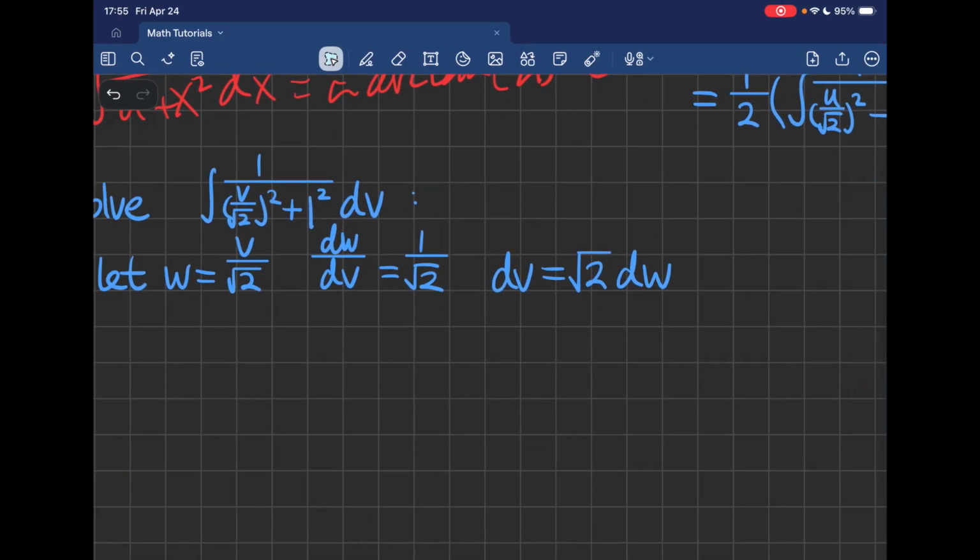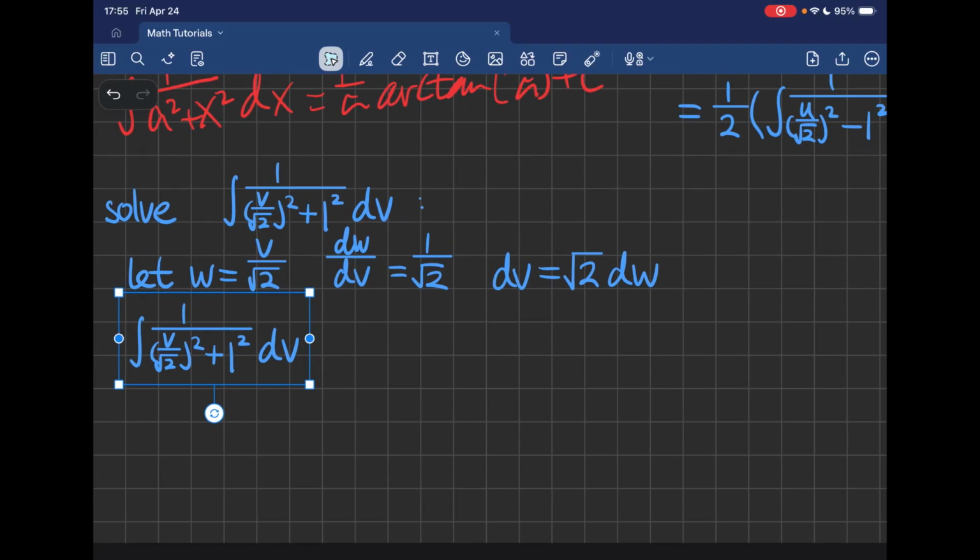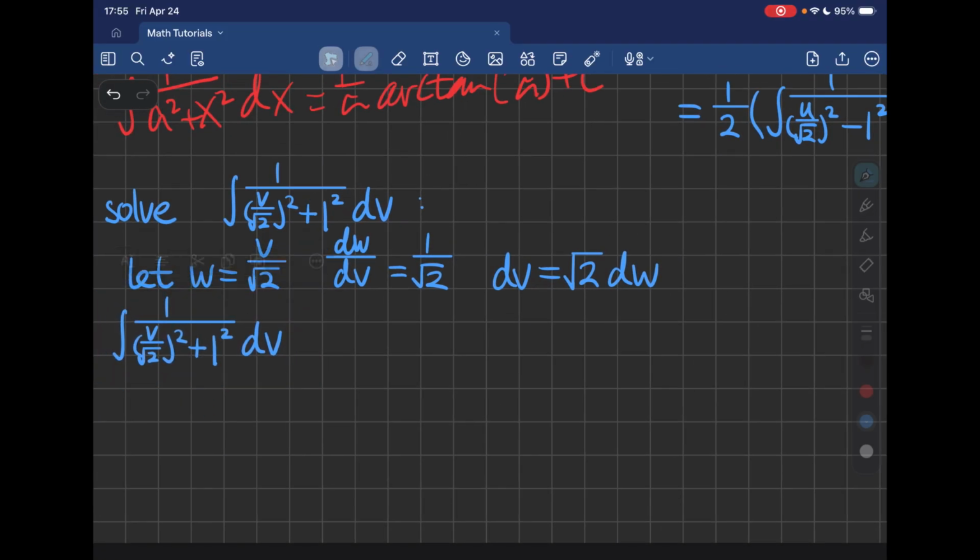So that means we can rewrite this into square root of 2 dw, right? Because we are replacing dv. We are replacing this entire thing, and let's have the rest.